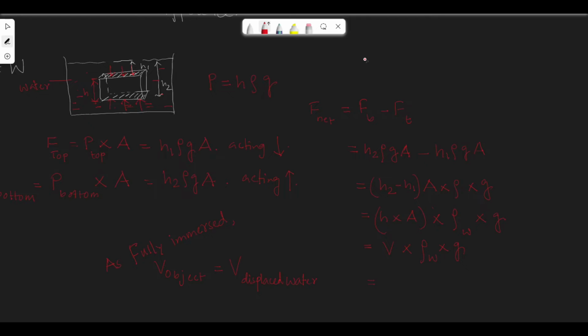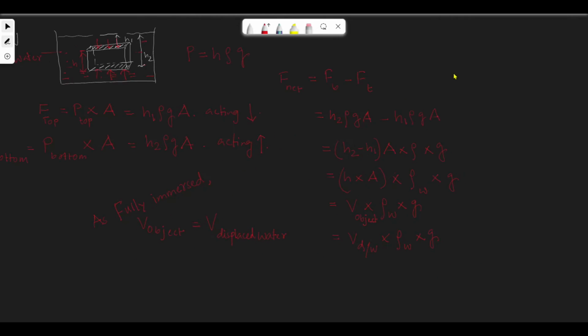So in this case, the volume of the object is the volume of the displaced fluid, displaced water. So I wrote displaced water as d slash w, times the density of water, times g. So volume of this much displaced water times the density of water, isn't it the mass of displaced water? This is multiplied with g, which finally gives us the weight of displaced water. So this is basically the weight of the displaced water.